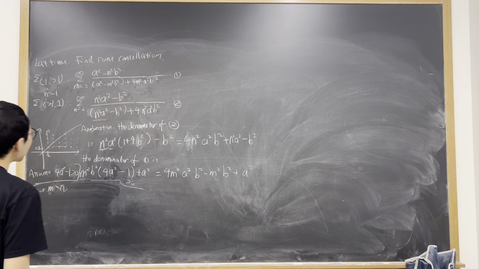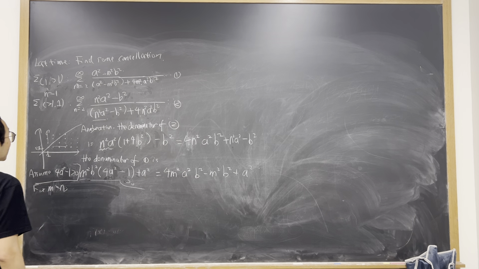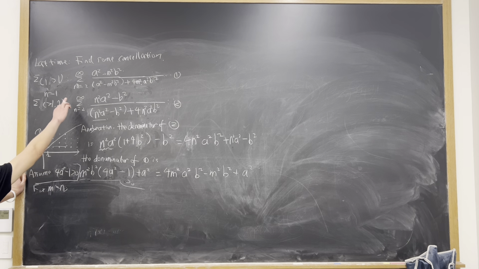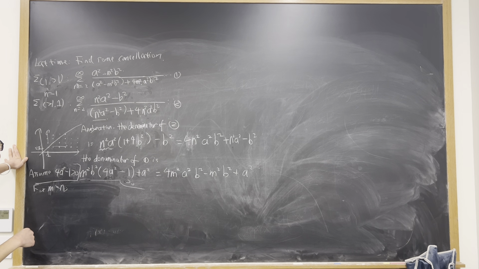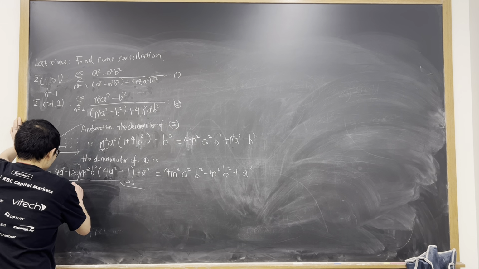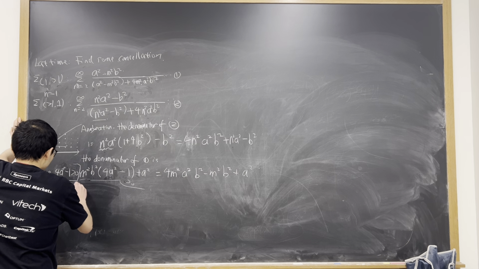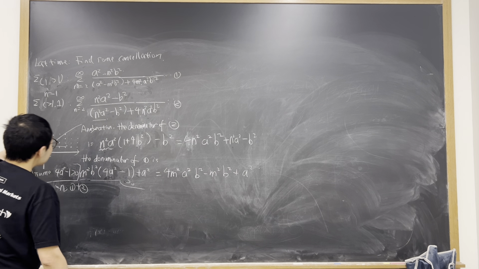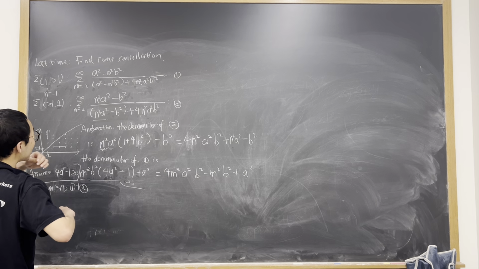So let's add them up together. When m equals n, I have, let's say 1 plus 2. So let me just sum over these two terms.